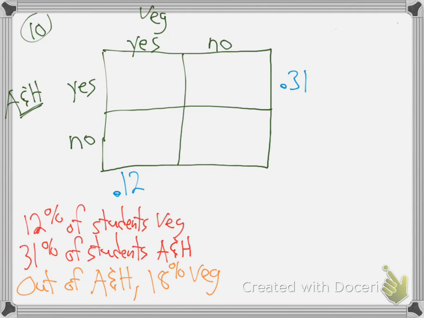So what are they saying then? It's not right for me to come in here and put a 0.18 there. Is everybody good so far that that's not right to do? If they said 18% of all students are arts and humanities and vegetarian, boom, I'd put it right there, yes, yes. But it's not all students, is it?